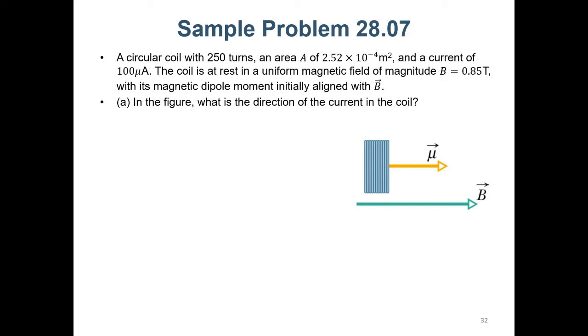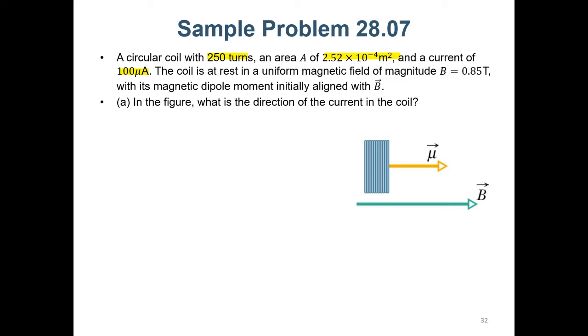So we have a sample problem. A circular coil with 250 turns, an area A of this one, a current of 100 μA.